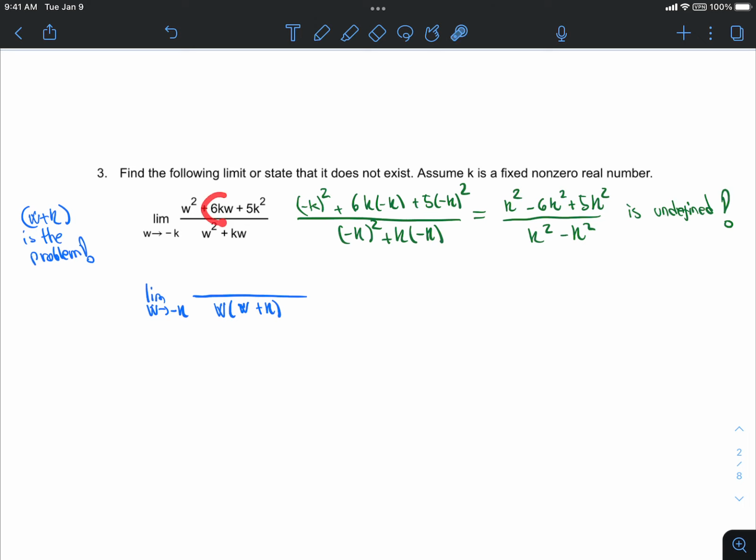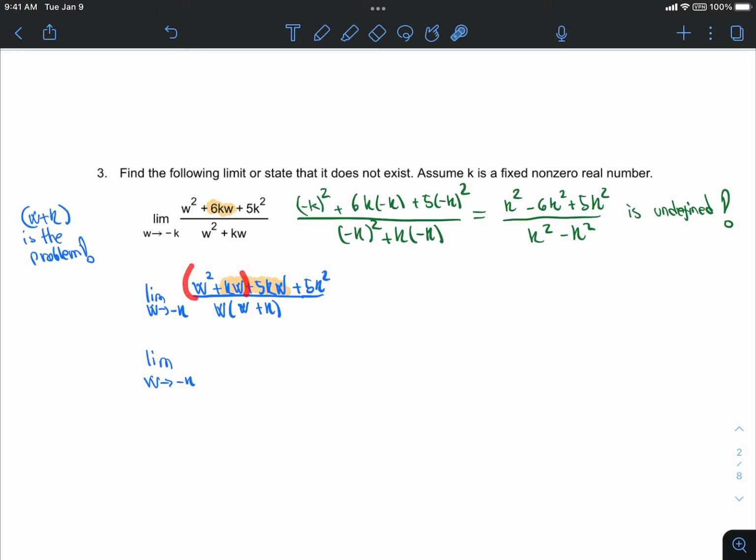You look at this 6kw and you see that this 6kw is 1kw plus 5kw. So this equals this. 1kw plus 5kw is 6kw plus 5k squared. So that's the limit when w approaches minus k.